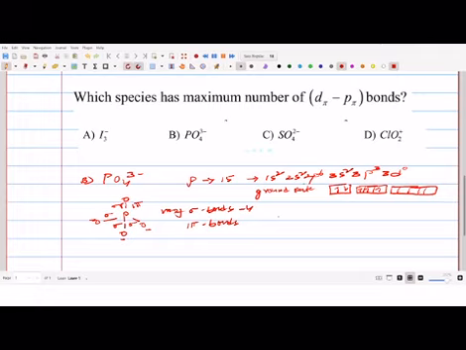So this phosphorus will go to the excited state. It will promote 1 electron to a d orbital, giving 3s1, 3p3, 3d1.